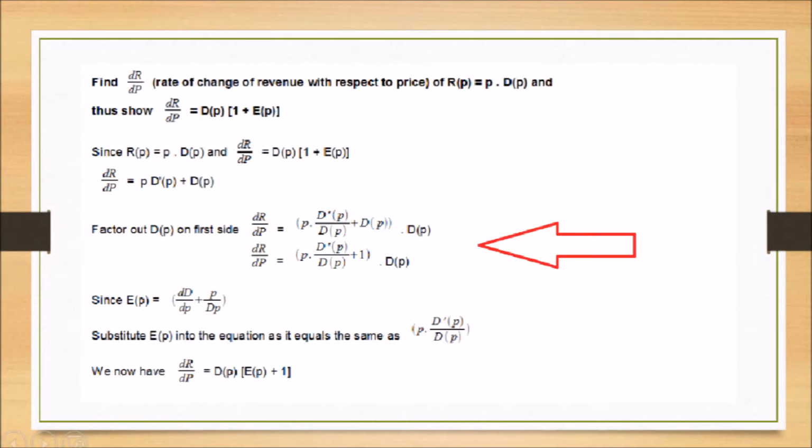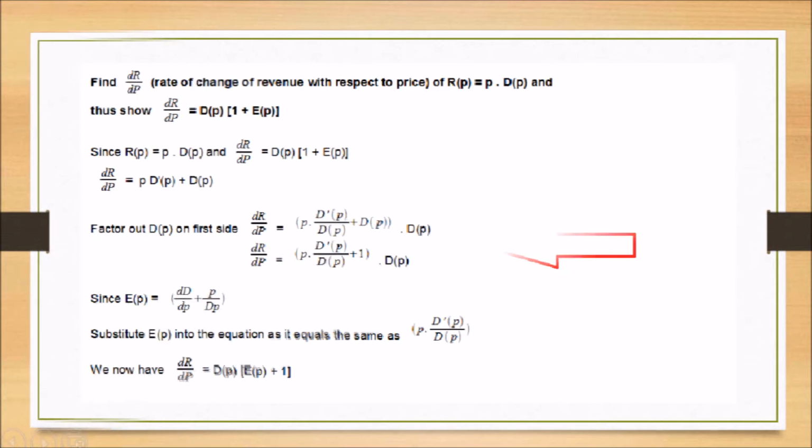Our next step is to factor out D(P) on the first side. So dR/dP equals (P times D'(P) over D(P) plus 1), times D(P).